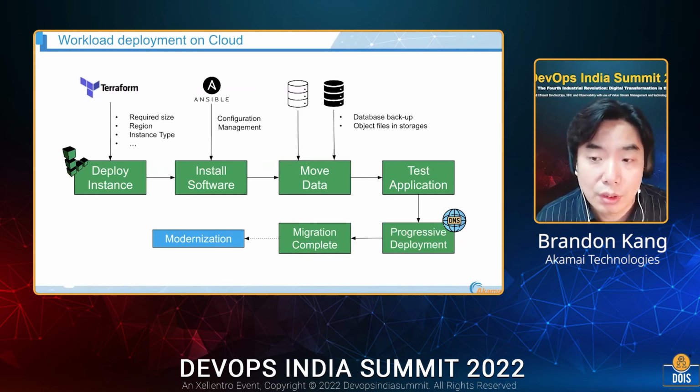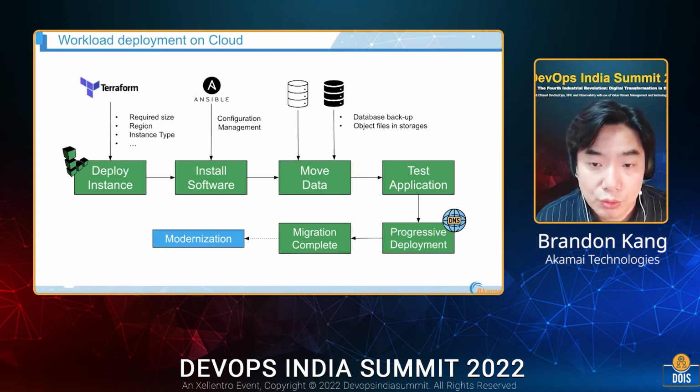But with Terraform, you can automate the creation of cloud instances, and you can install the workload by using configuration management tools like Ansible. So we call them orchestration tools and configuration management tools. This method can also be used for migrating your workload to an alternative cloud.